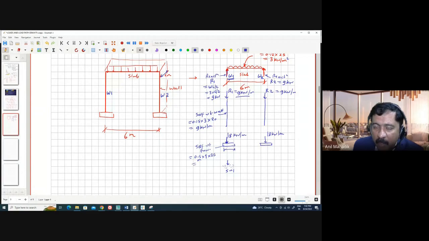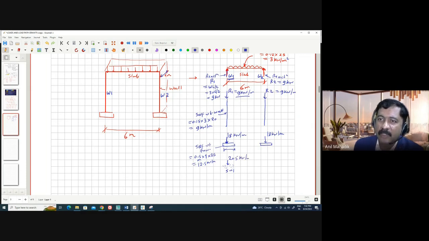Okay, so how much is it? So here it will be 18 plus 12.5, which is 20.5 kilonewton on the soil.